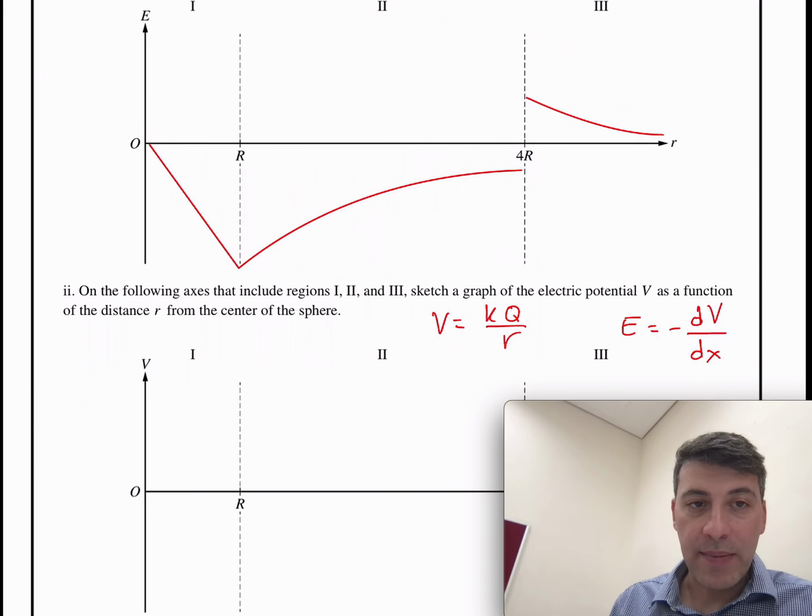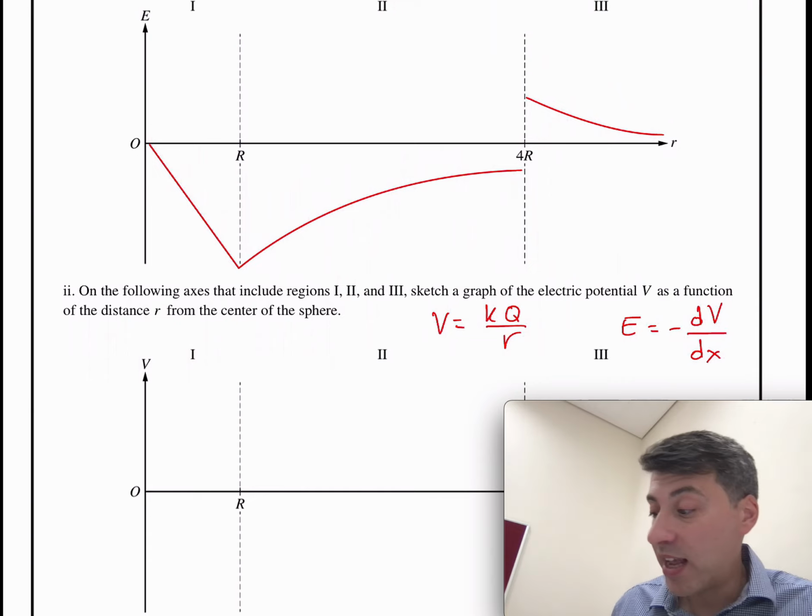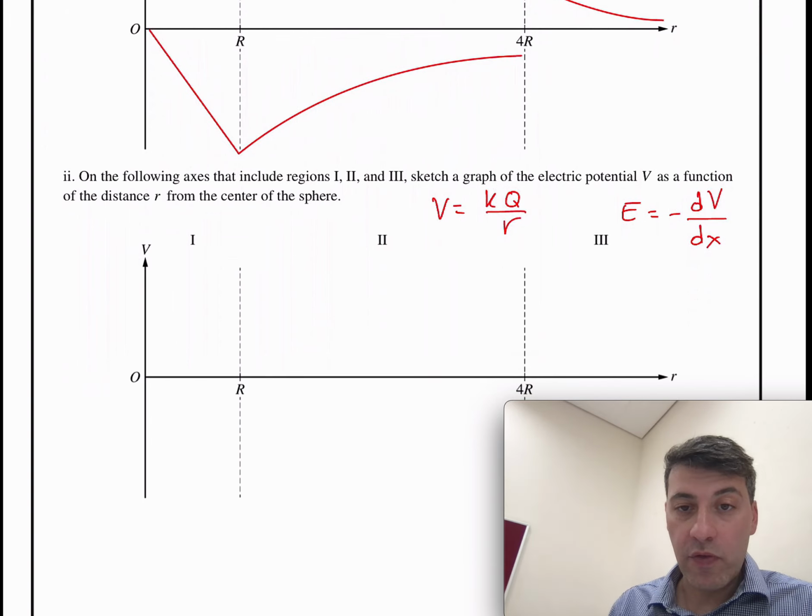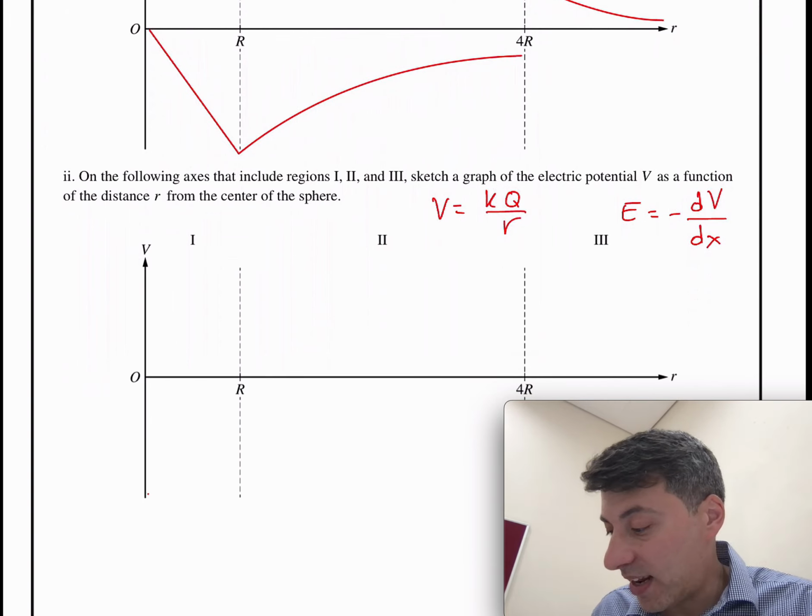According to this, since on the center of the sphere, on the small sphere, we have negative charge, there will be a value for the potential that will be negative.